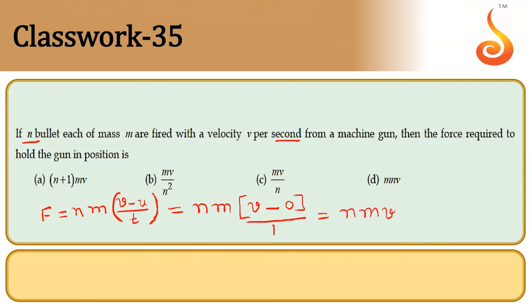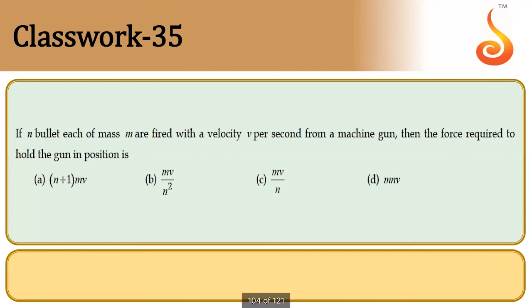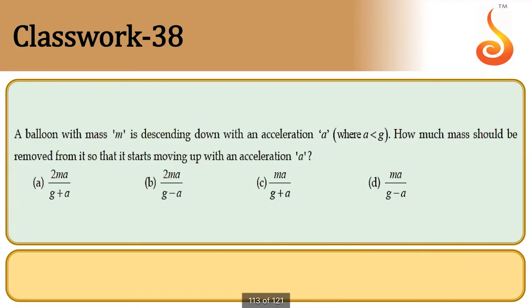This is the force exerted by the bullets on the gun, which should be equal to the force required to hold it. That is option D. So we'll go to the last question. The rest of the questions, that kind of questions, we have discussed already.